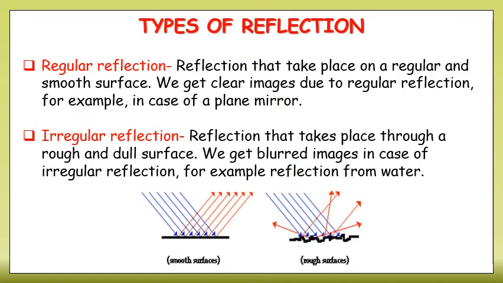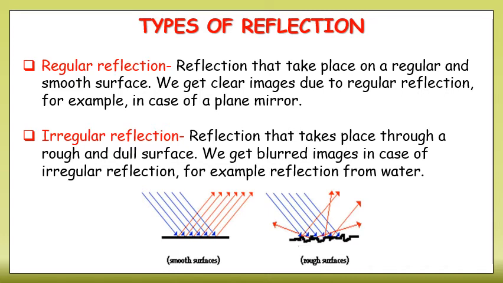Now, types of reflection. Students, based on the surface from where light is reflected, reflection can be classified as regular reflection and irregular reflection. Now, the reflection that takes place on a regular and smooth surface is known as regular reflection.